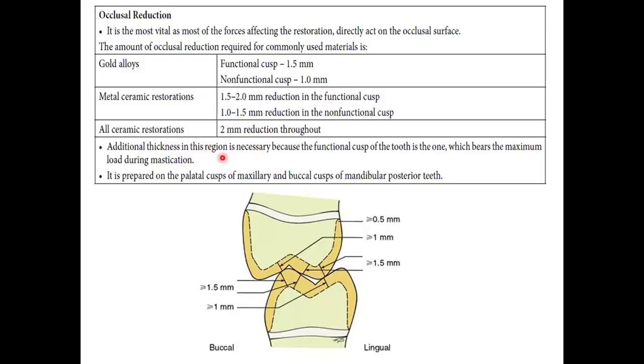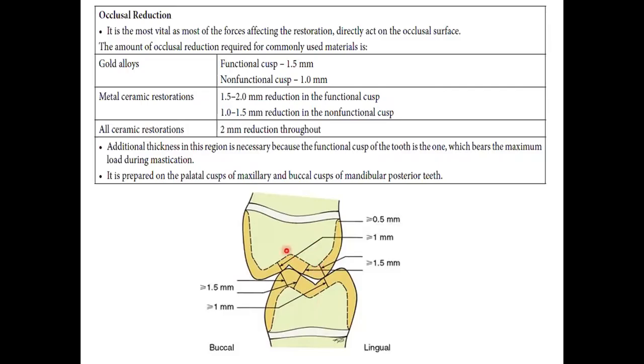Additional thickness of preparation is necessary in the region of the functional cusp of the tooth. Why? Because it bears the maximum amount of load during mastication. When the upper and lower cusps come in contact, your maxillary palatal cusp will transmit the forces here, and your mandibular buccal cusp will transmit the forces here.